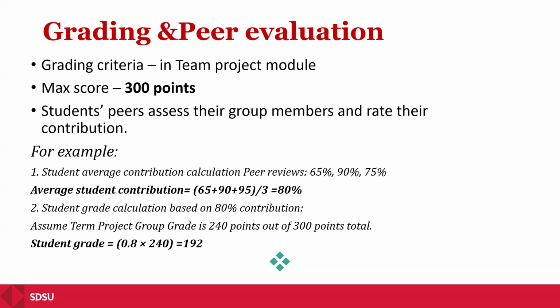So average student contribution here will be sum of 65, 90, and 95 divided by 3, which is 80%. So say, for example, your team project got a grade of 240 points out of 300 points. And in this case, student's grade will be 240 points multiplied by 80% or 192.